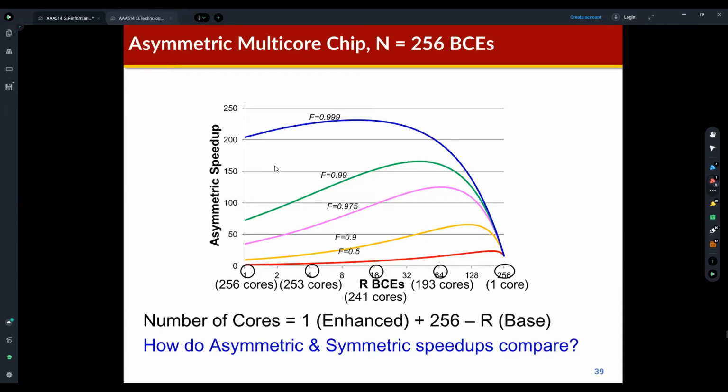If we just include one BP core and multiple WIMP cores for the parallel execution, then the shape of the graph also changes. Based on this, for the multi-core, we can also find some optimal point over here.